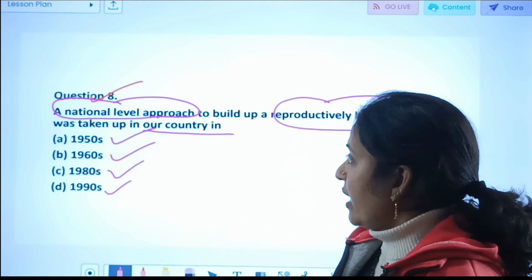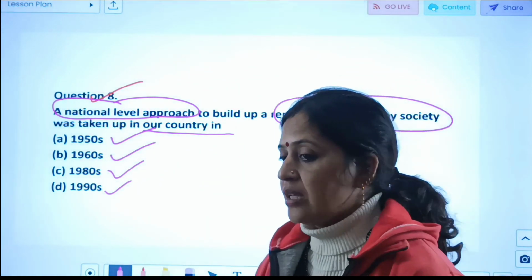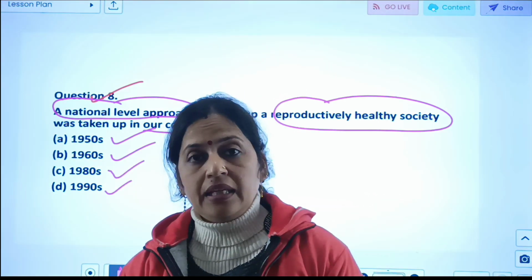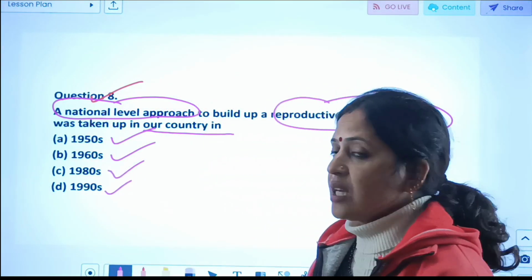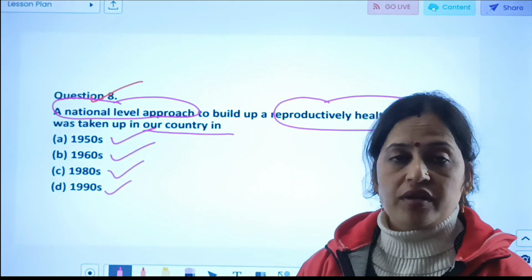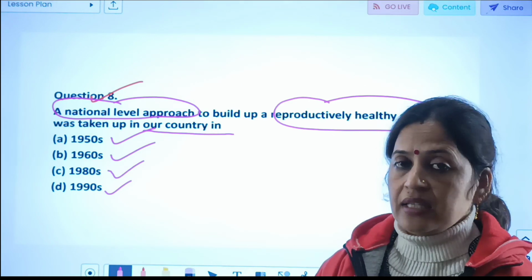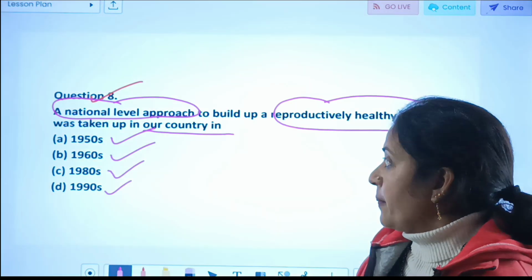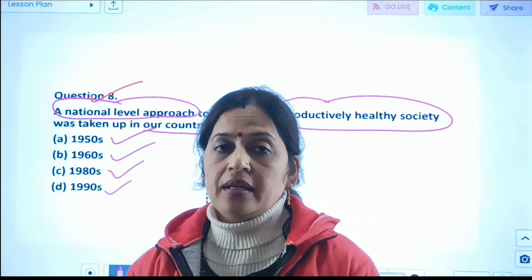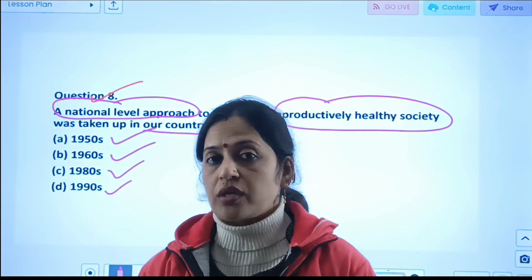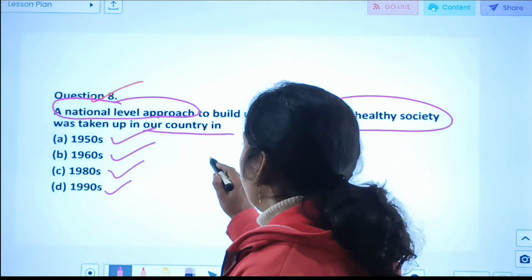So which is the right option? A national level approach to build a reproductive healthy society in our country was taken up in 1950s.